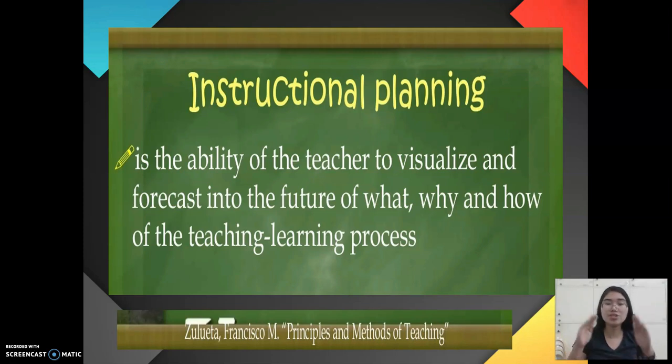So meaning to say, from the start, there is a planning of instruction. Before you as an educator in social studies, you need to have a plan, a vision, a specific learning objective to be attained at the end of the session, at the end of the period. Those objectives or activities must be demonstrated by the students at the end of the teaching and learning process, at the end of the class session.